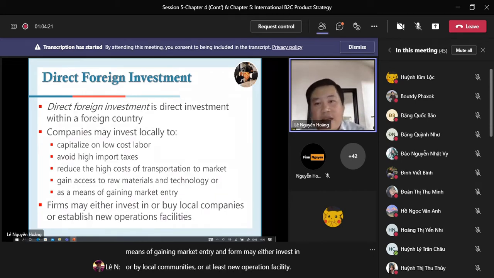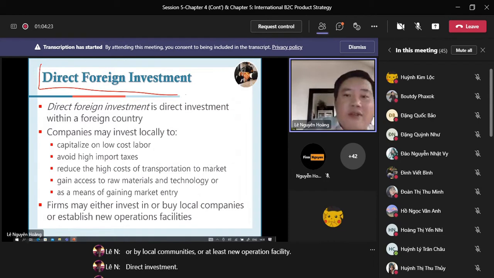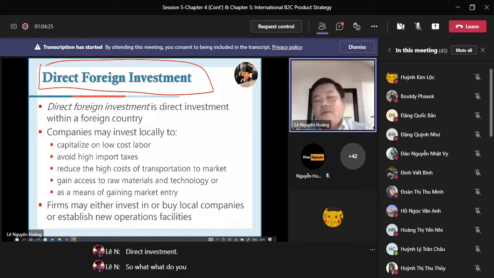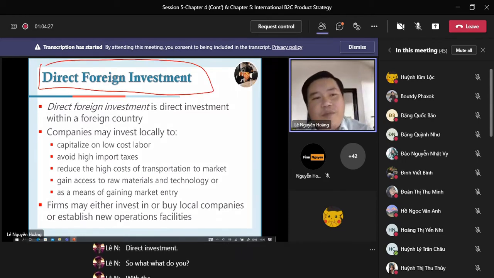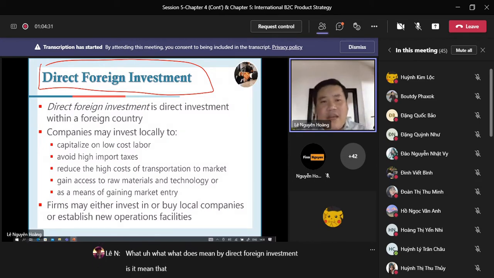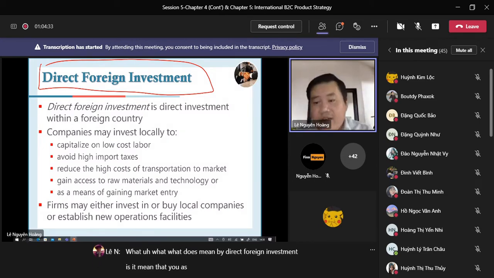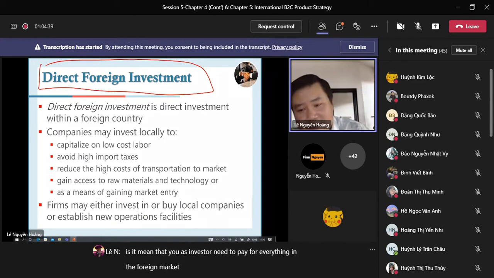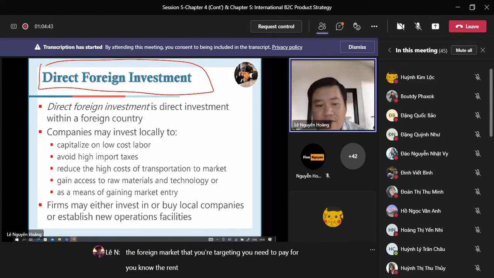Direct investment. So what does it mean by direct foreign investment? It means that you as investor need to pay for everything in the foreign market that you're targeting. You need to pay for the rental for the factory.